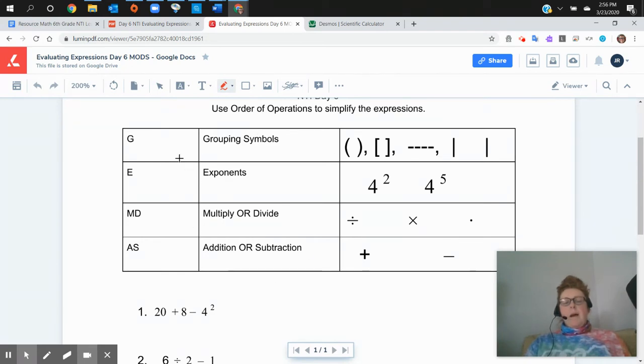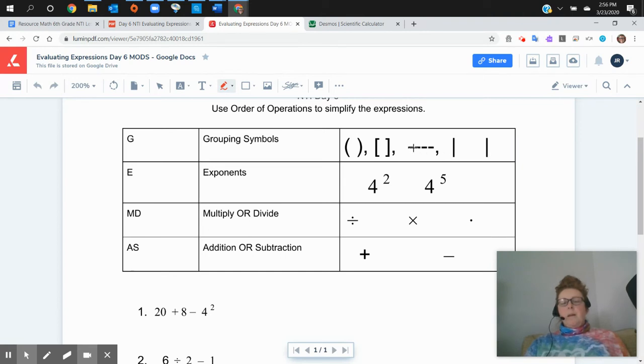At the top of this page, we have an anchor chart that will show you all of the hints and tips for using our strategy called GMDOS to solve order of operations in the correct order. My first G is for grouping symbols, and here are some examples of all the grouping symbols.